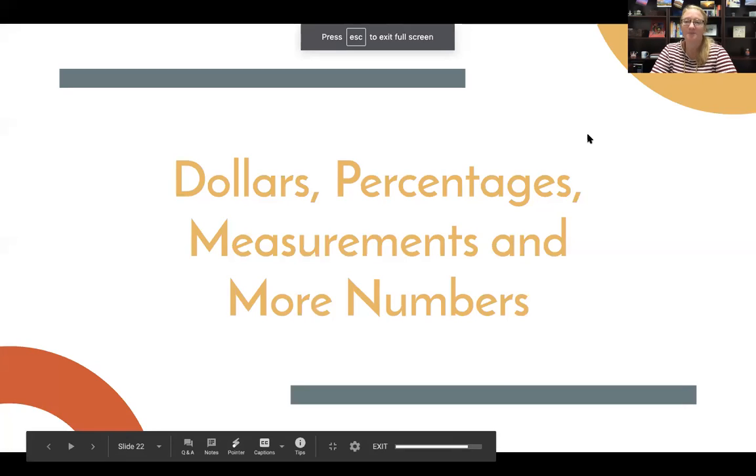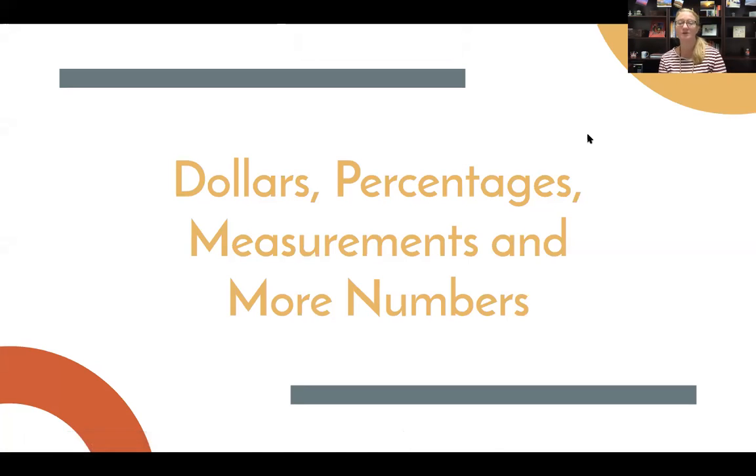So first of all, today we're going to go over a few more ways to use numbers, including how to use dollars, how to talk about money, how to use percentages, and we've talked a little bit about that, how you would incorporate any type of measurements in your writing, and then a link to some other things that you might just need to be aware of when we are using numbers.